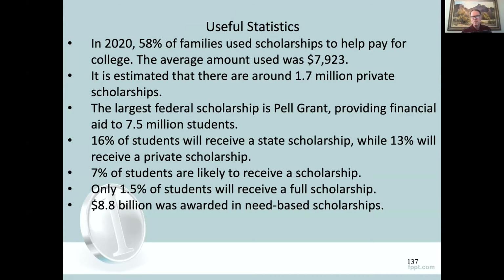The Pell Grant provides aid to 7.5 million students. 16% of students receive a state scholarship. 7% of students are likely to receive a scholarship. $8.8 billion was awarded in need-based scholarships. This is an area that affects an awful lot of the percentage of our population. And so we're going to have to deal with these.